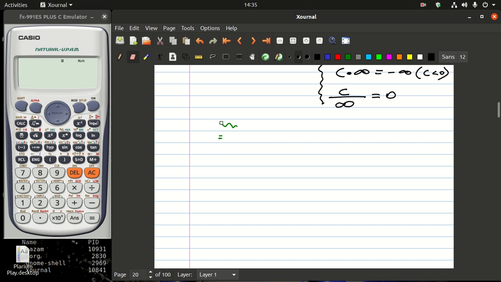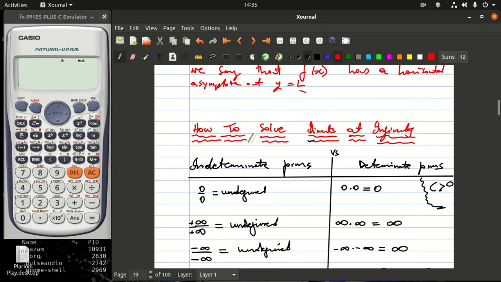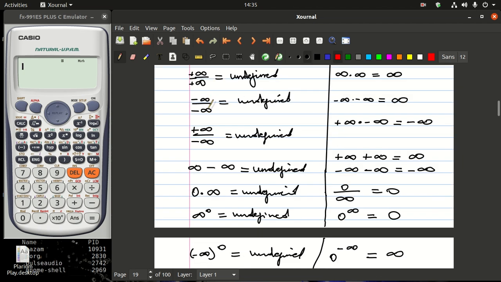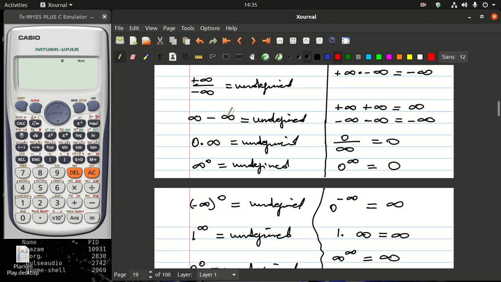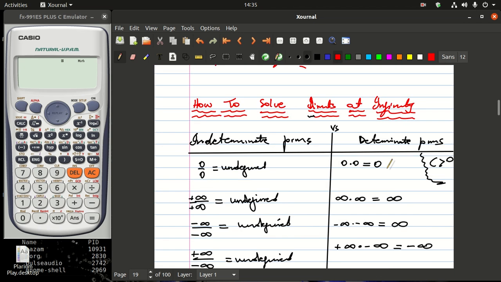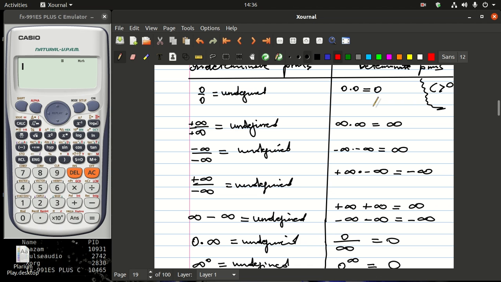You still need to accept what I'm telling you, which is that 0 over 0 is undefined, infinity over infinity undefined, negative infinity over infinity undefined, negative or positive infinity over infinity undefined, infinity minus infinity is undefined, 0 times infinity undefined, infinity raised to 0 undefined, negative infinity over 0 undefined, 1 to the power infinity, all these things undefined, and those that are defined are on this particular side here.